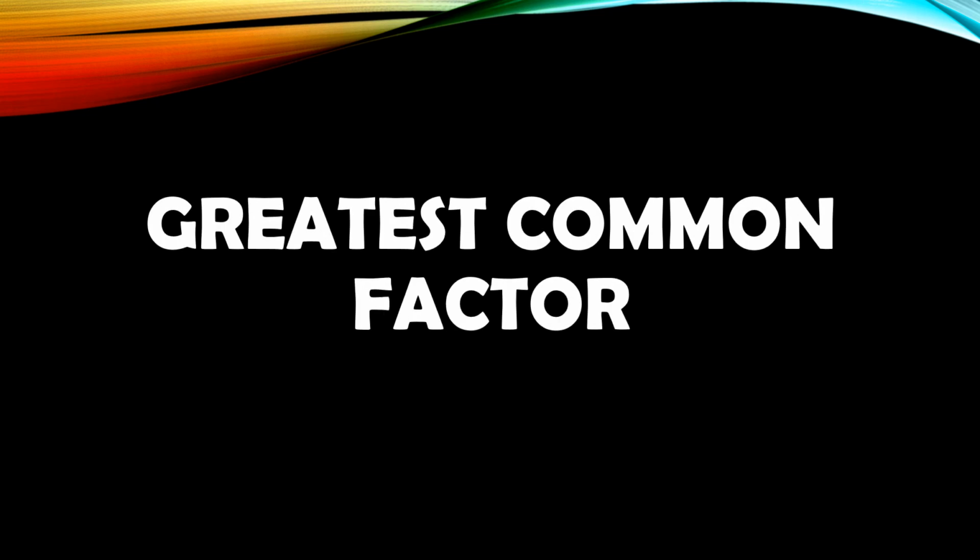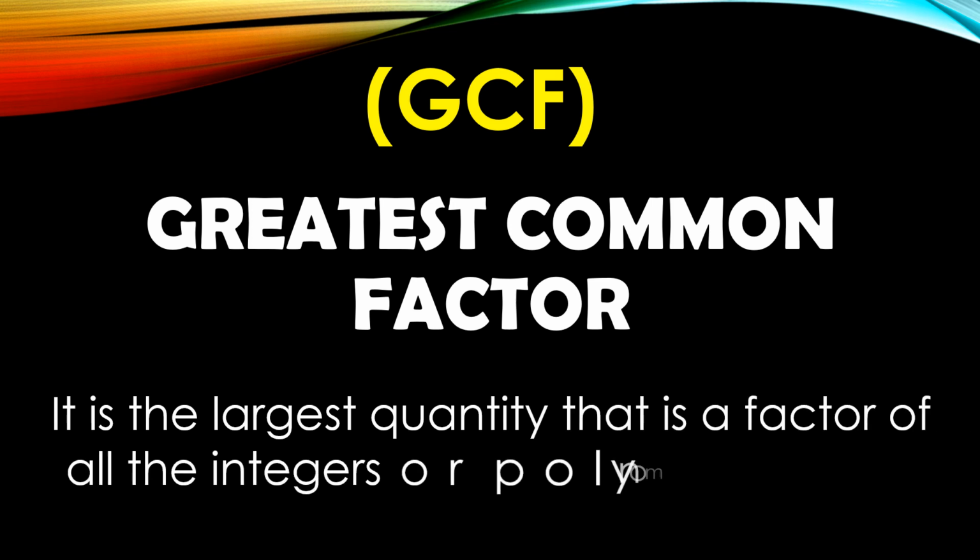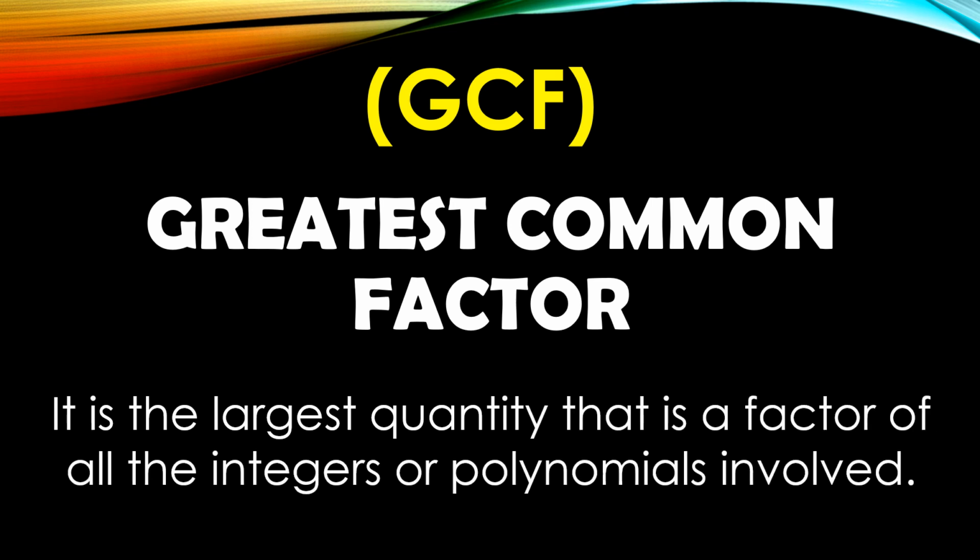Actually, in the last two examples, we were able to identify the common factors. But in the last example, there are many common factors, but only one greatest common factor. So the greatest common factor, or the GCF, is the largest quantity that is a factor of all the integers or polynomials involved.